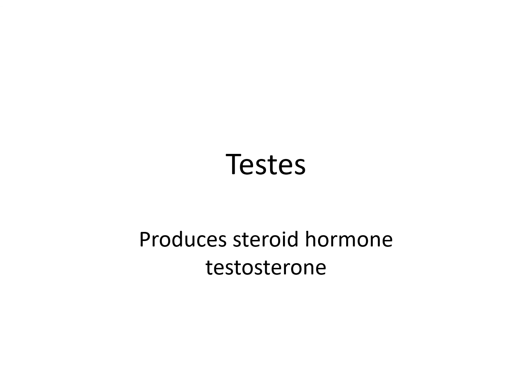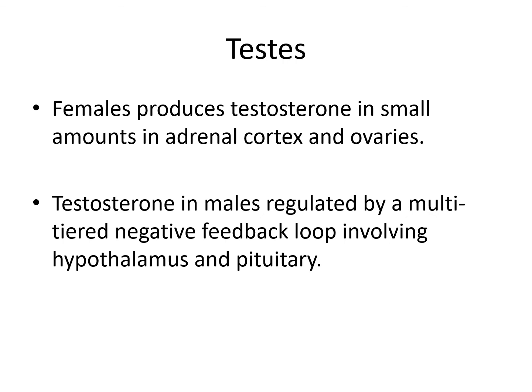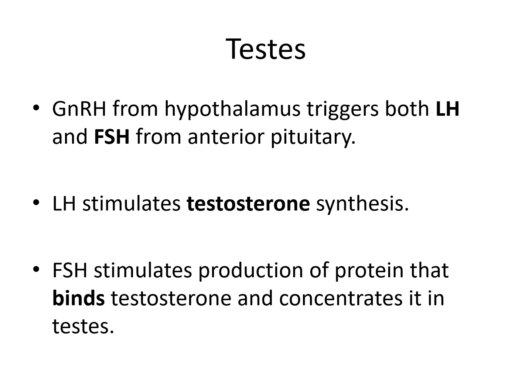The testes produce primarily the steroid hormone testosterone. Females produce a small amount from the adrenal cortex and ovaries. In males, it's again regulated by a multi-tiered negative feedback loop involving the hypothalamus and pituitary. Briefly, gonadotropin releasing hormone from the hypothalamus triggers both LH and FSH from the anterior pituitary.